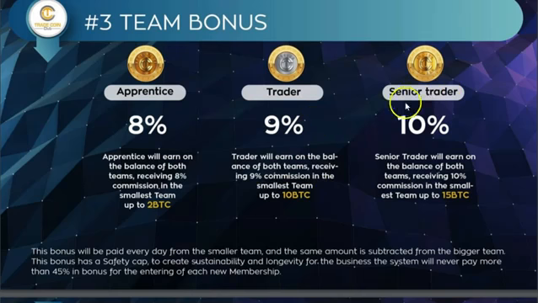And as a senior level, you're going to be earning a whopping 10%, all the way up to 15 Bitcoin per day. Now, keep in mind, this bonus is going to be paid every single day from the smaller team, just like I told you. That's crazy, on a daily basis.